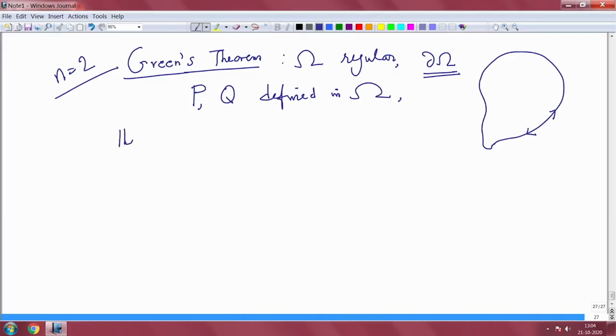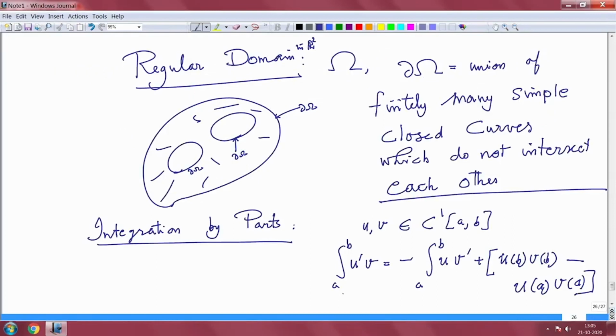Then Green's theorem tells you the following. This is called the line integral. It is equivalent to the previous thing: one is a full integral over the domain, but this is only the boundary data, the boundary values.